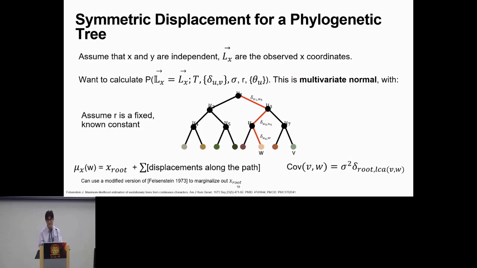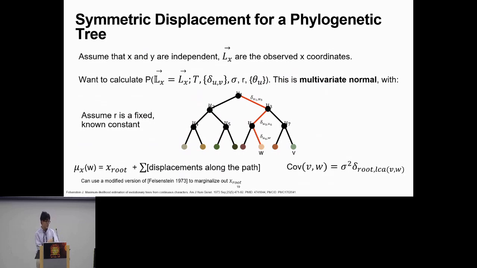There's one last step we need to be able to use this model for phylogenetic estimation, and that's that we're interested in a tree, not just pairs of cells. If we assume x and y are independent for simplicity, let the vector L sub x be the observed x coordinates. The probability of observing the set of x coordinates is a multivariate normal distribution.